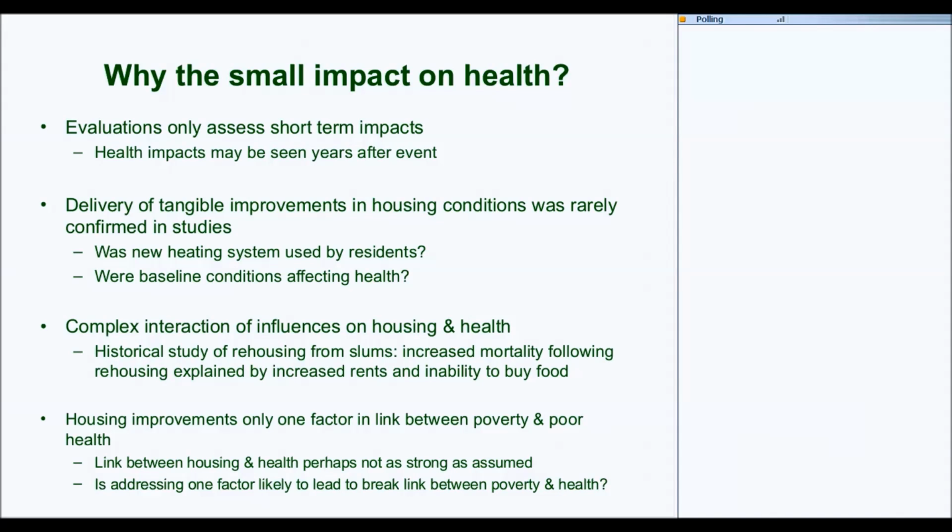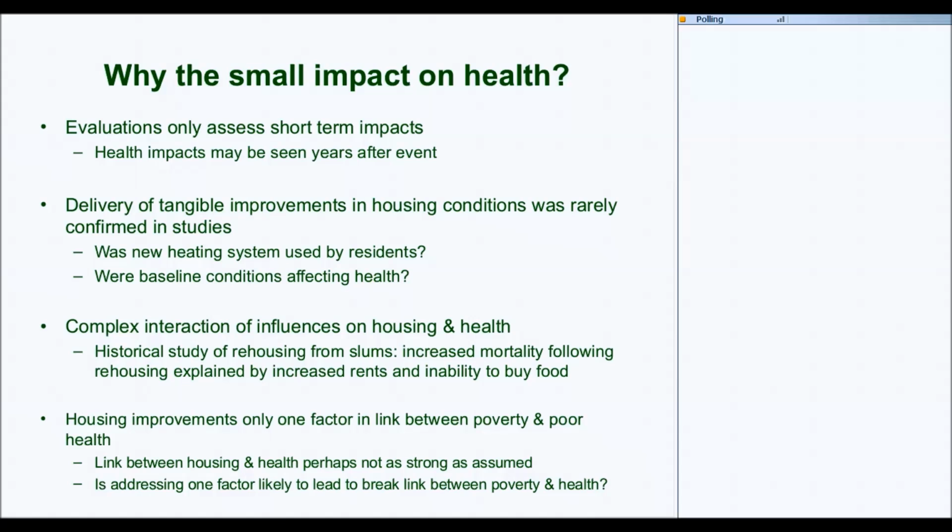Another issue, which isn't discussed that often, is that housing is only one factor in the link between poverty and poor health, and perhaps it's not as strong as is often assumed. When you look at British data, there is a link between poor housing and poor health.